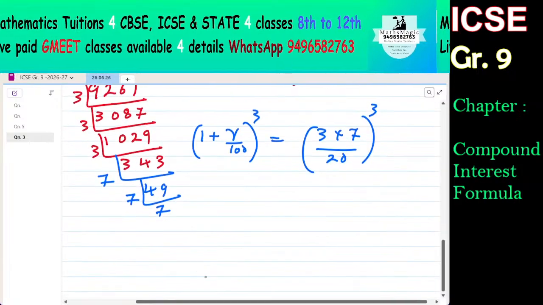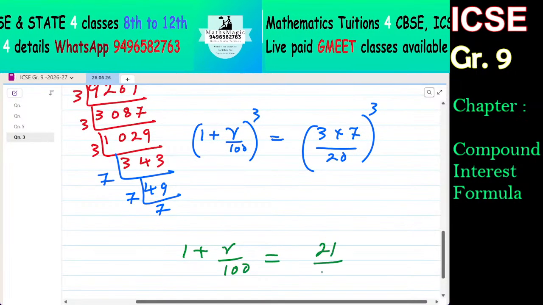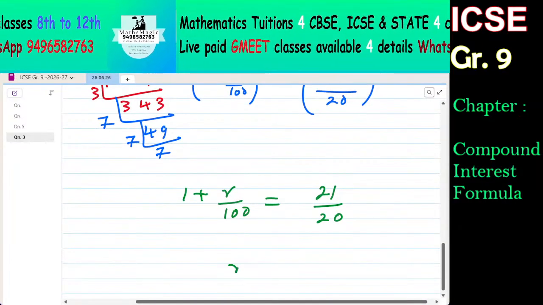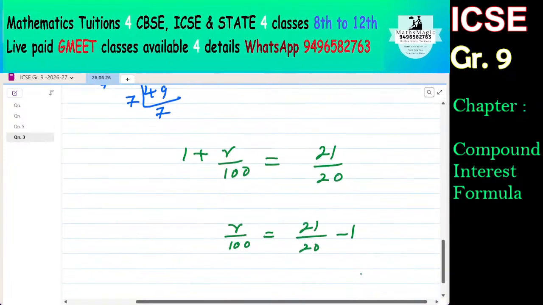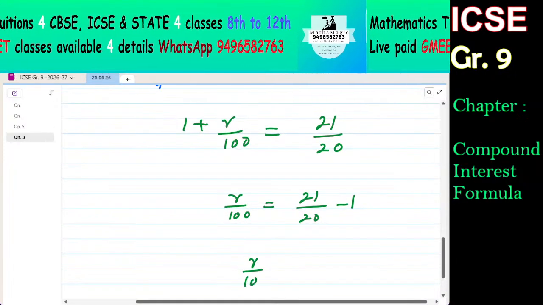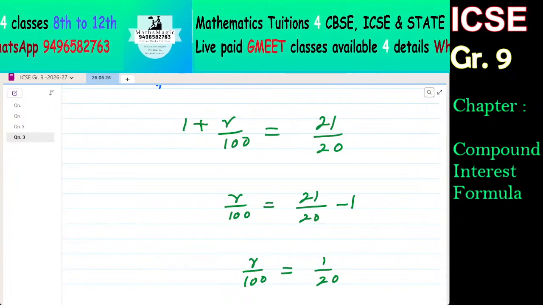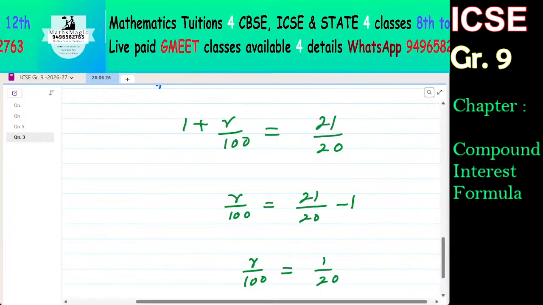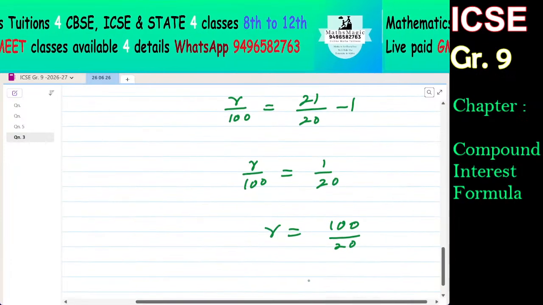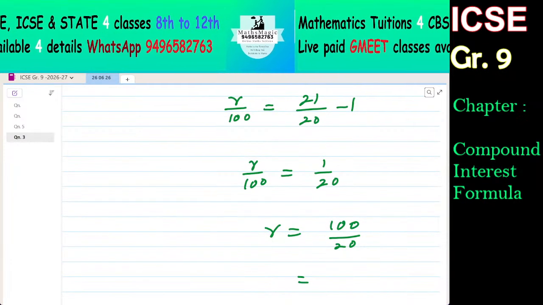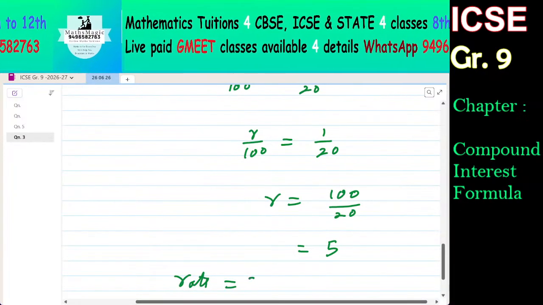So you will have your 1 plus R by 100 as 21 by 20, R by 100 as 21 by 20 minus 1, R by 100 as 1 by 20, and R as 100 by 20, which is 5%.